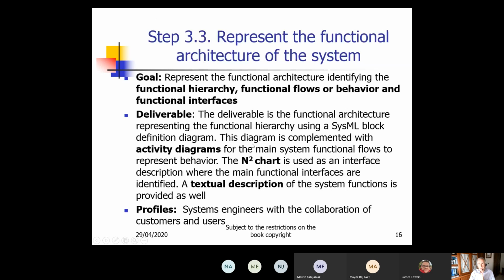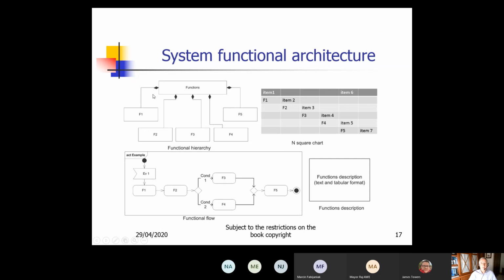So, for representing the functional architecture, as I mentioned before, it's very important for us to represent the hierarchy, the functional flows as activity diagrams, and the interaction between the functions using N-square charts. So we have functional hierarchies, and we have functional flows where we use SysML activity diagrams, but only to represent activities.